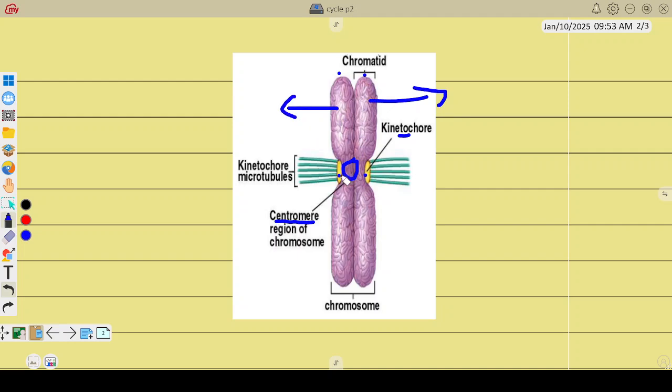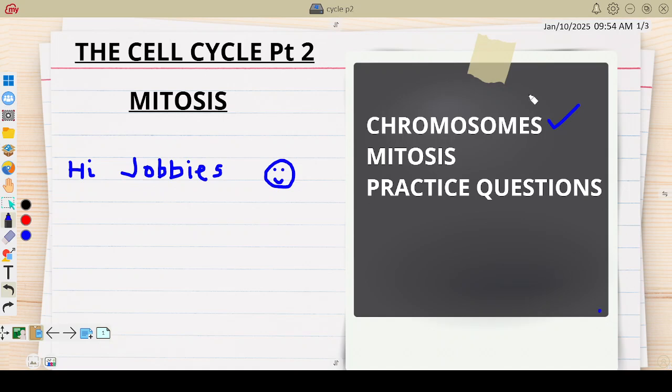And take note also that the attraction between the two sister chromatids is as a result of the proteins. What did we call those proteins? The cohesion proteins. So we've now discussed the chromosome way more than I planned. We're done with the chromosome.